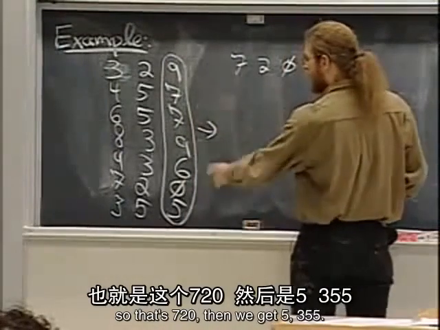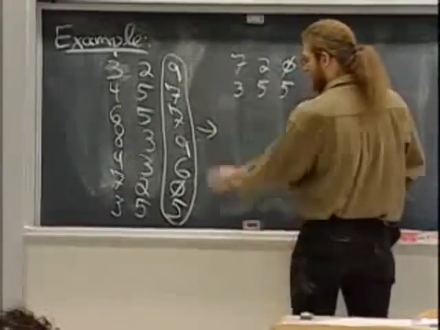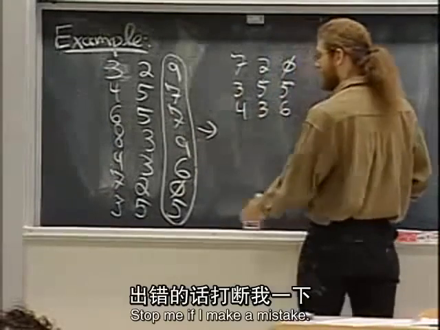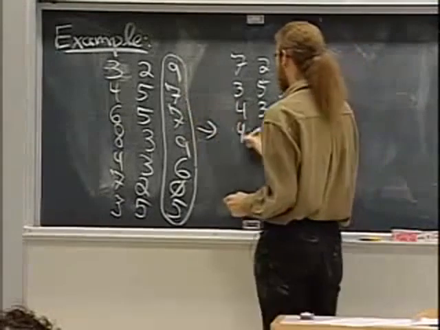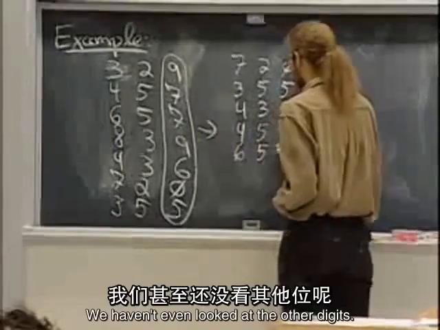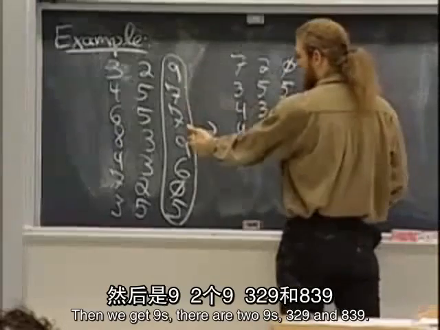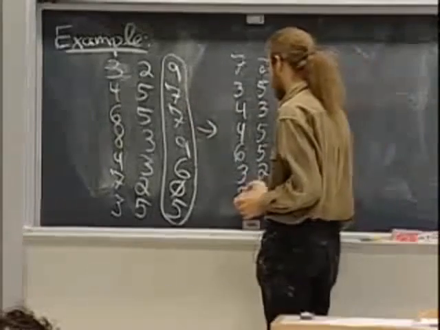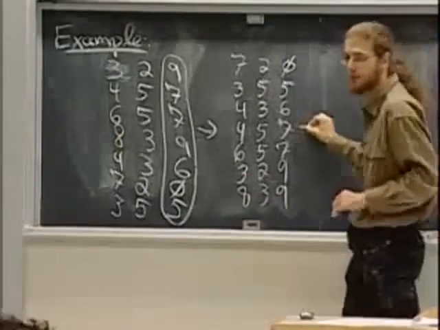Then we get, looks like, 355. Then we get 436. Stop me if I make a mistake. Then we get the 7s. So, and we preserve the order. Here it happens to be the right order, but may not be at this point. We haven't even looked at the other digits. Then we get, looks like the 9s. So there's 2 9s. Right, 329 and 839. All right, so far? Good.